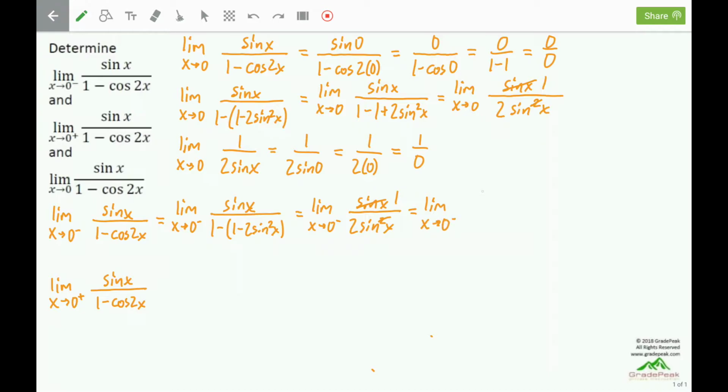And it reduces down to 1 over 2 sine of x.